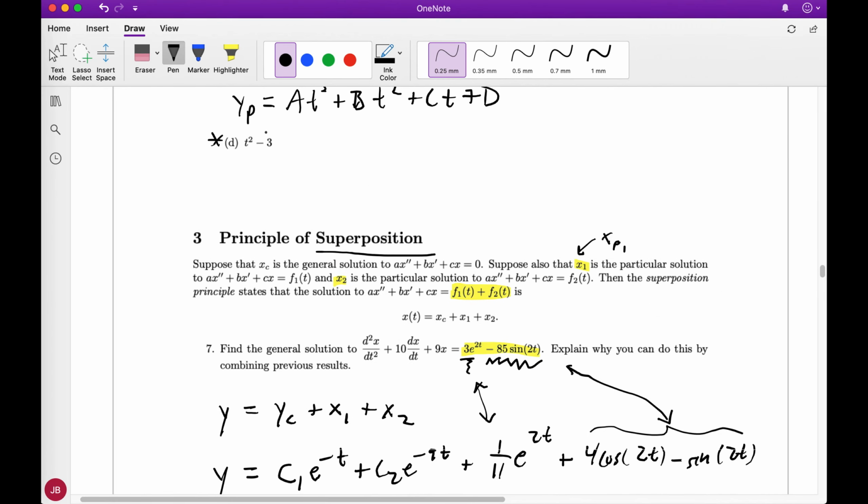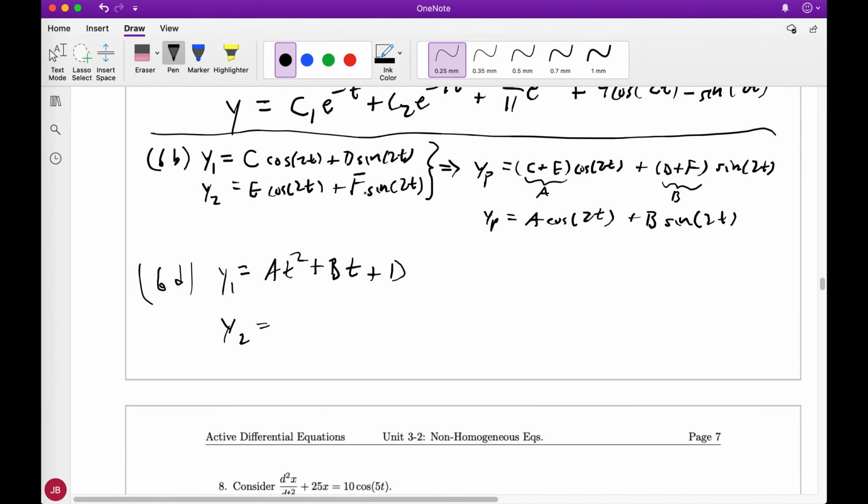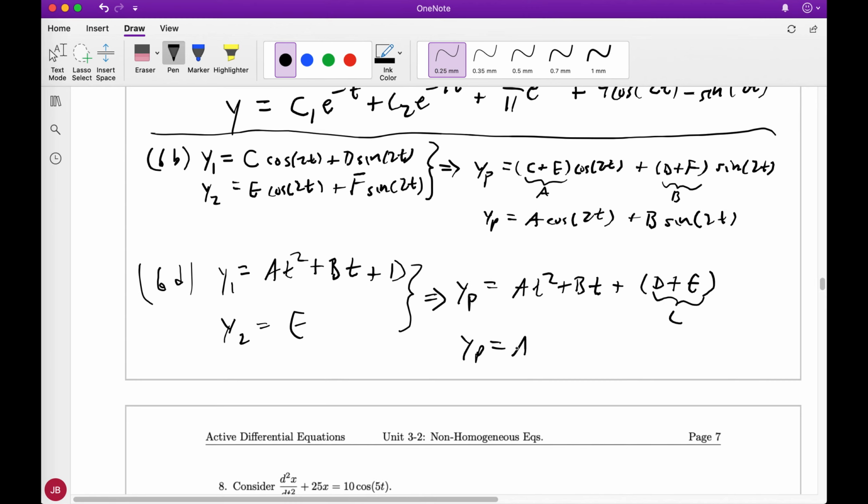Now we have a constant term. Well, I think the answer to a constant term for the particular was just another constant term. So this one I'll call e, right? And now by the principle of superposition, my new particular solution is just the sum of those two. That's at squared plus bt plus d plus e, right? And now I'm just going to call this a new constant, c. So in fact, it's at squared plus bt plus c.